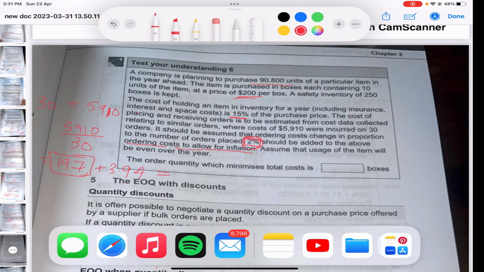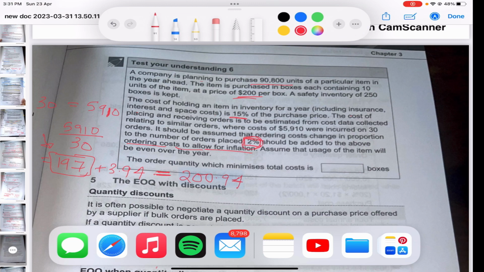So I am going to add my inflation rate, that is 2% on my ordering cost. So I found the ordering cost of 1 unit and then I added the 2% to it. So 197 plus 3.94 is going to give me 200.94. So 200.94 is my per order price. I hope you got it. So this is my per order price.